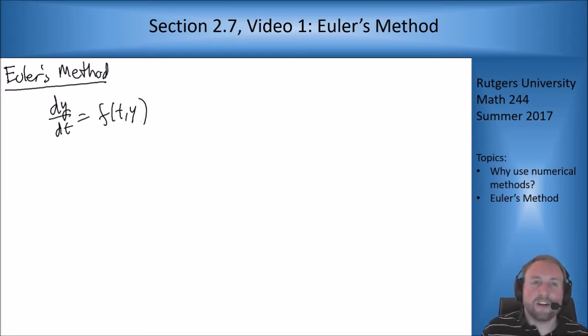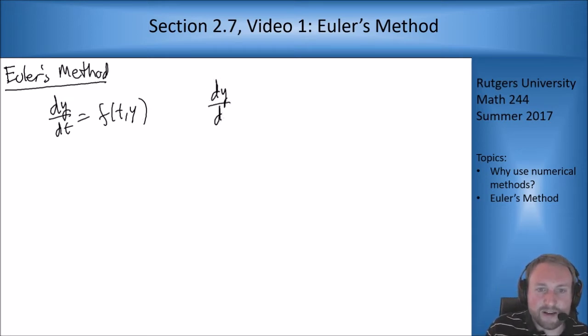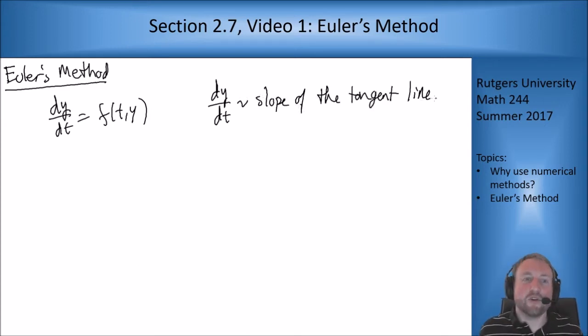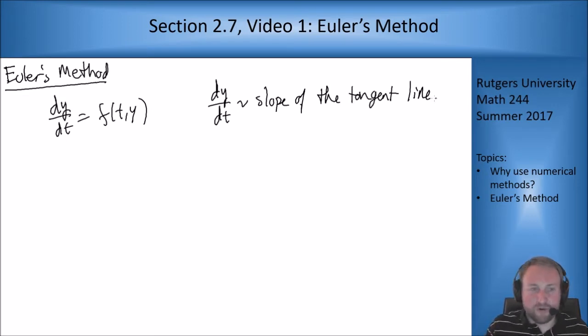Now, if we're looking at the curve that's going to be our solution, dy/dt should be something like a tangent line slope, right? dy/dt is the slope of the tangent line. So one thing we think to do is just use tangent line approximations to our solution curve at every point and just keep stepping forward in time and see what we get. Our goal is to stitch these little tiny tangent lines together and piece together the curve as we move forward.